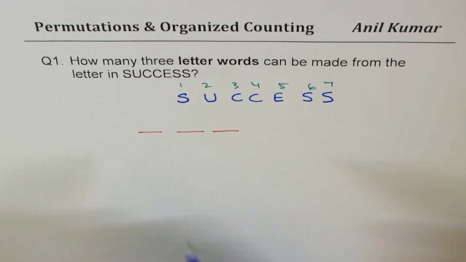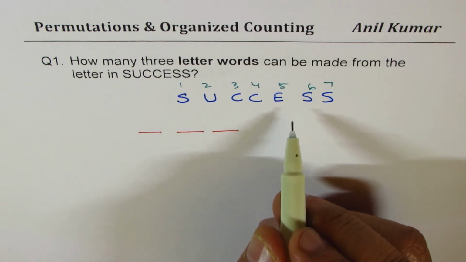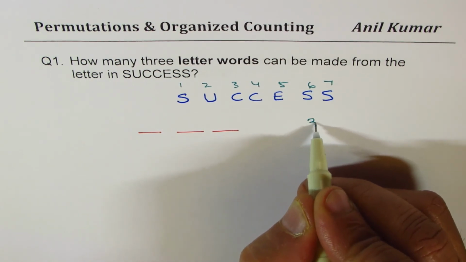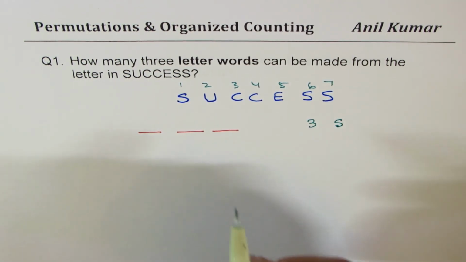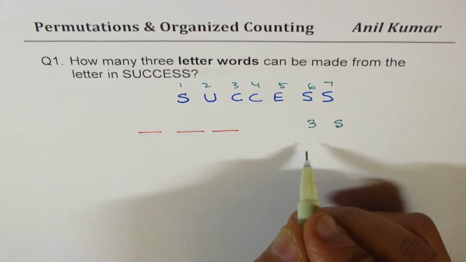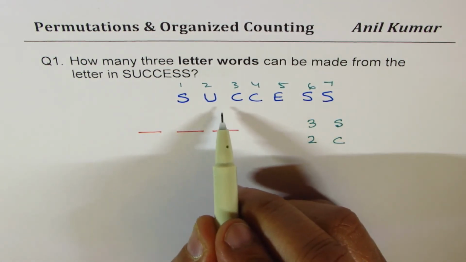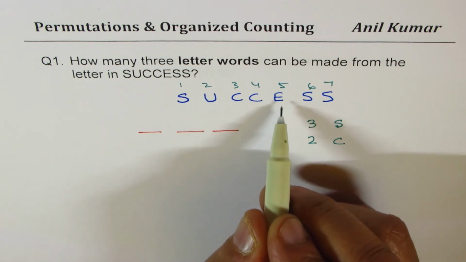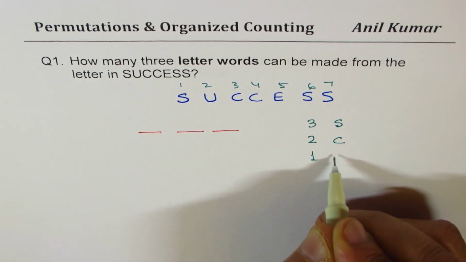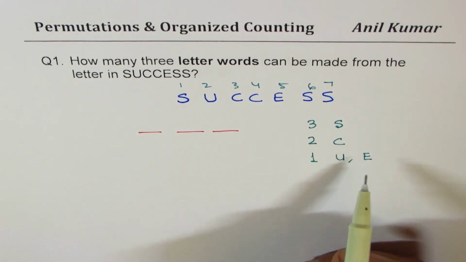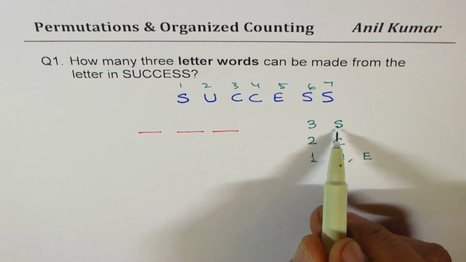Now amongst these letters, how many of each kind do we have? So as far as S is concerned, we have got 3 S's. Then 2 C's. And then we have single letter U and single letter E. So one U and one E. So let's count 1, 2, 3, 4, 5, 6, 7.